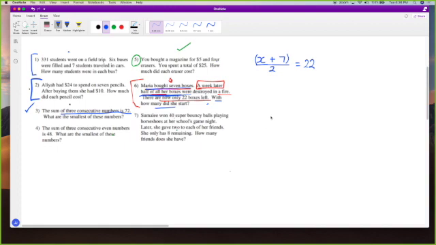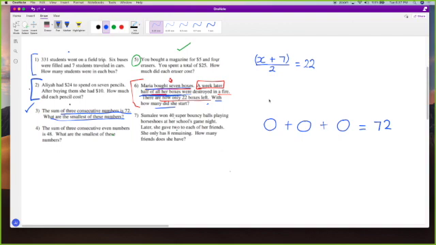So that means that I have a number here, and sum is to add. I have a next number here and a next number here, and that is 72. What is the smallest of the numbers? And what does consecutive mean?